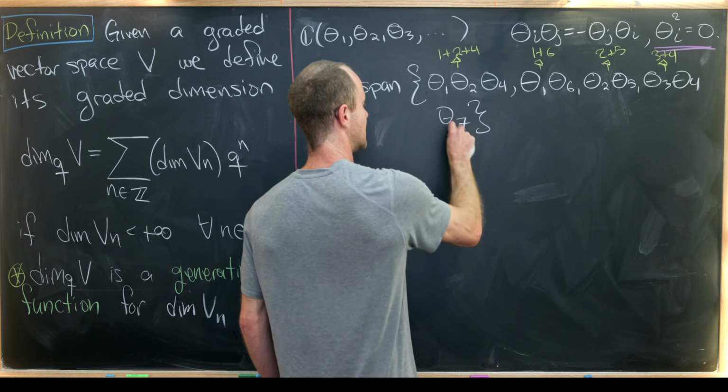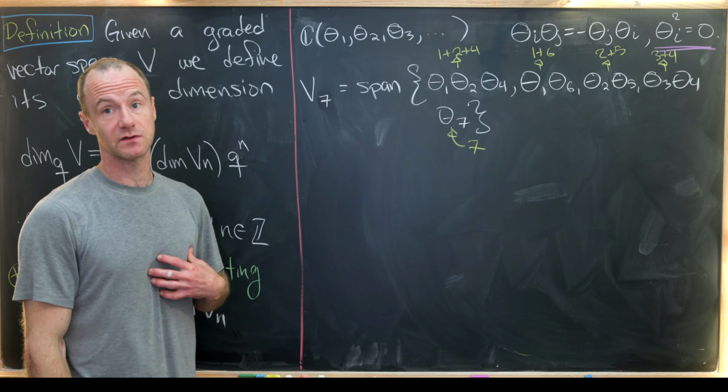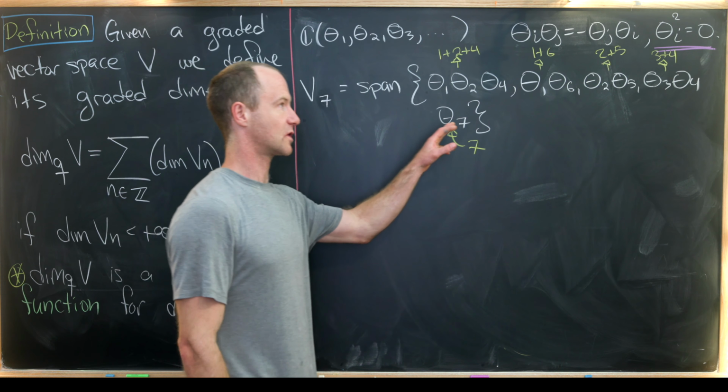And then finally, this last one here would be 7. So we have something like partitions of 7 again, but now it's partitions of 7 where we can't use any of the parts more than once, because using a part more than once would correspond to having something like this purple underline term, which would give us 0.